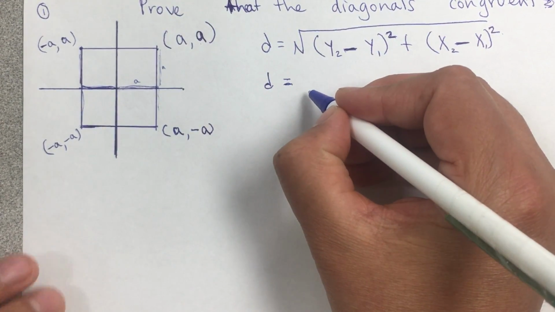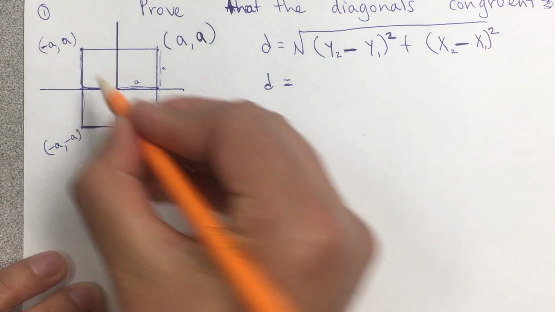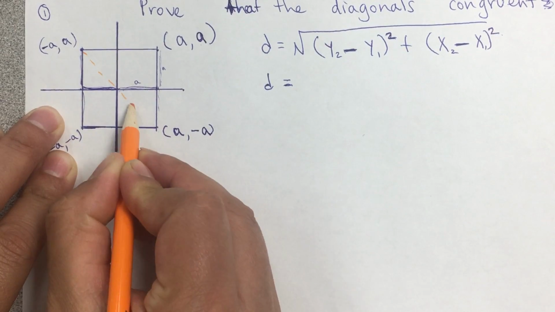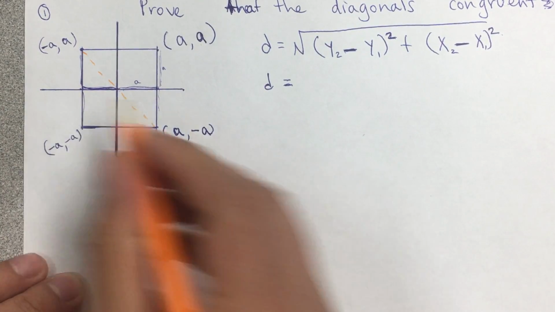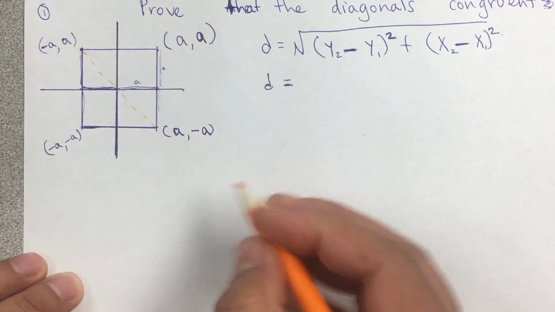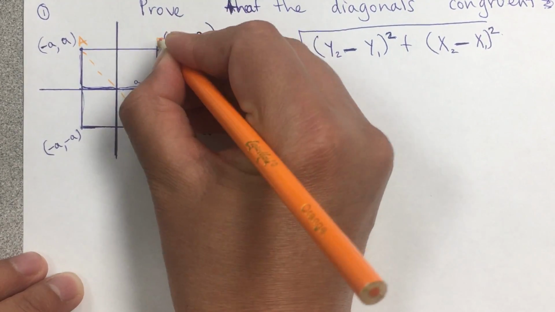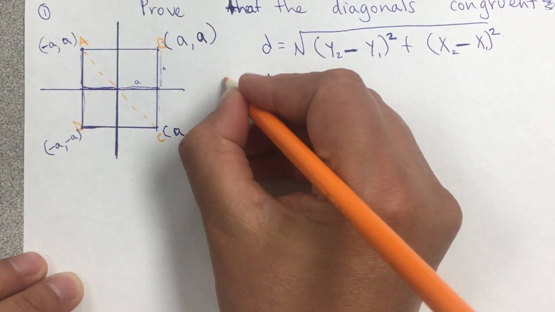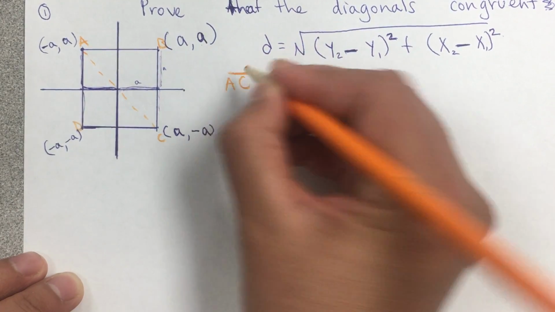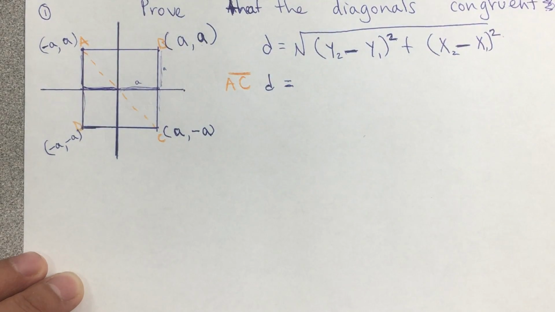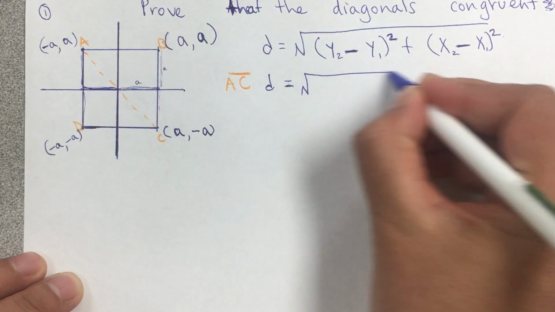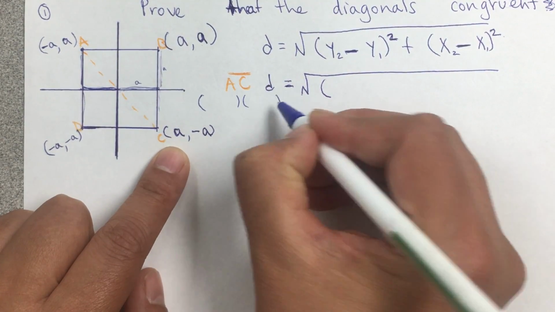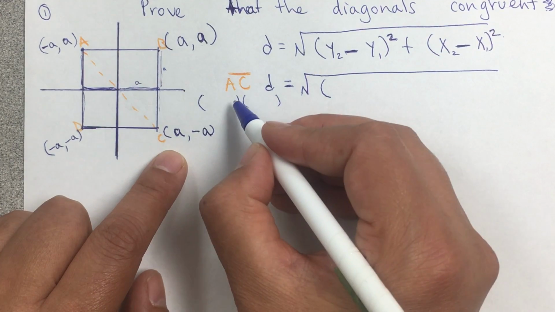Let's say that I want to find the distance between these 2 points, which is the diagonal. So let's name this A, B, C, and D. So the distance between A and C is going to be equal to, so let's put the points in here.